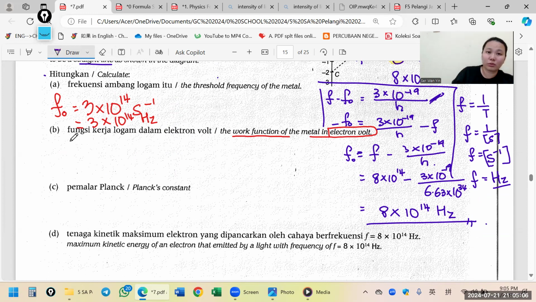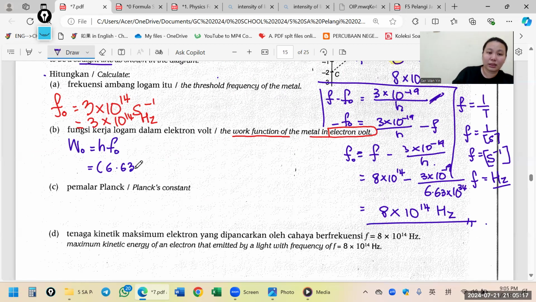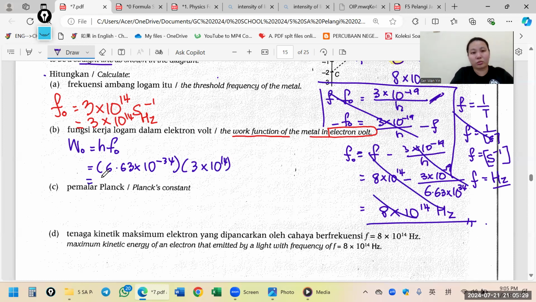If they give you joules, work function equals hf naught, which is 6.63 times 10 to the power of negative 34 times 3 times 10 to the power of 14, equals 1.989 times 10 to the power of negative 19 joules.